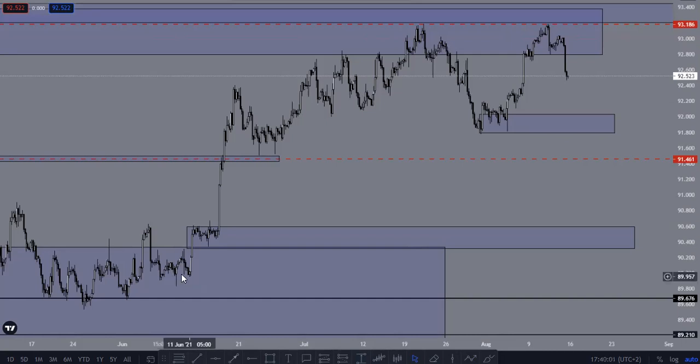This is another entry opportunity that you've caught here, which is right over here, and price rallied, base, rally, and we had another base, which pulled back, and we had a rally, a pullback, and a rally, and a pull.